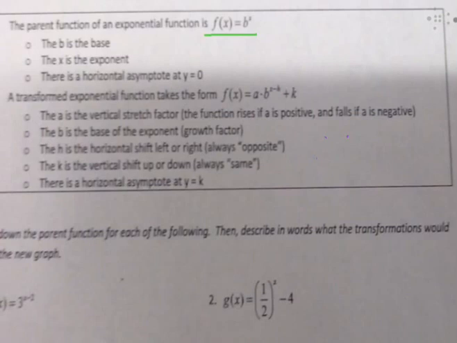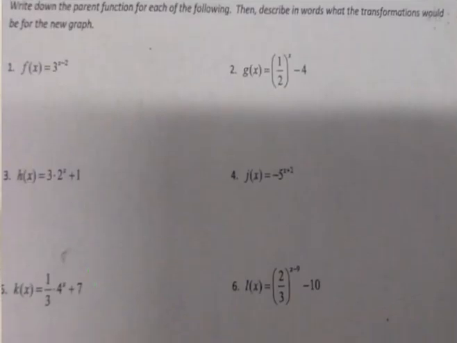All right. So let's do a couple problems with these rules. The first one here, we've got f of x equals 3 to the x minus 2. So we have to identify a, b, h, k. We know 3 is the b because it has the exponent on it.